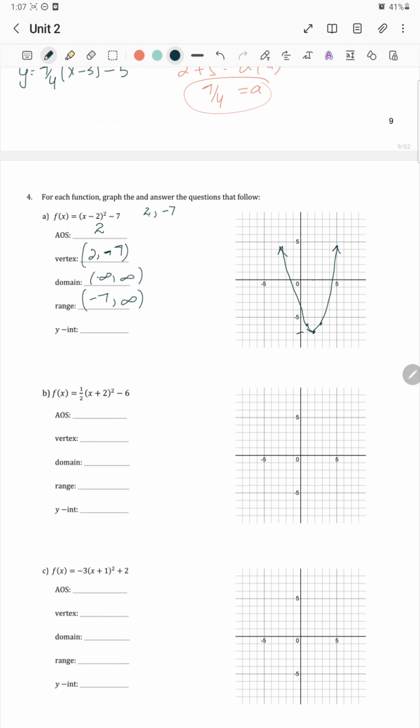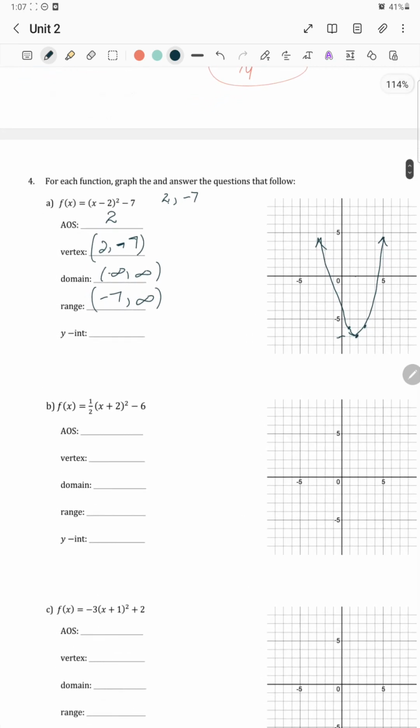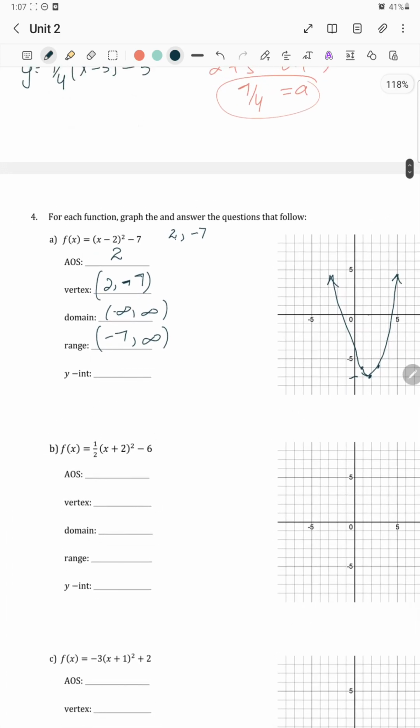To find the x intercept, we need y equal to 0: (x minus 2) whole squared minus 7, (x minus 2) whole squared is 7, square root of 7 is equal to x minus 2, square root of 7 plus 2 is equal to x, x is equal to 2 plus or minus square root of 7.